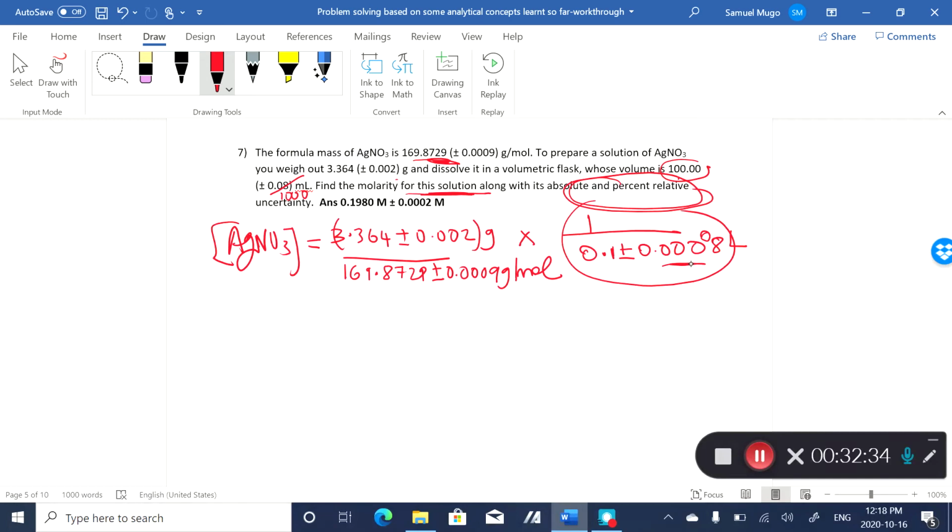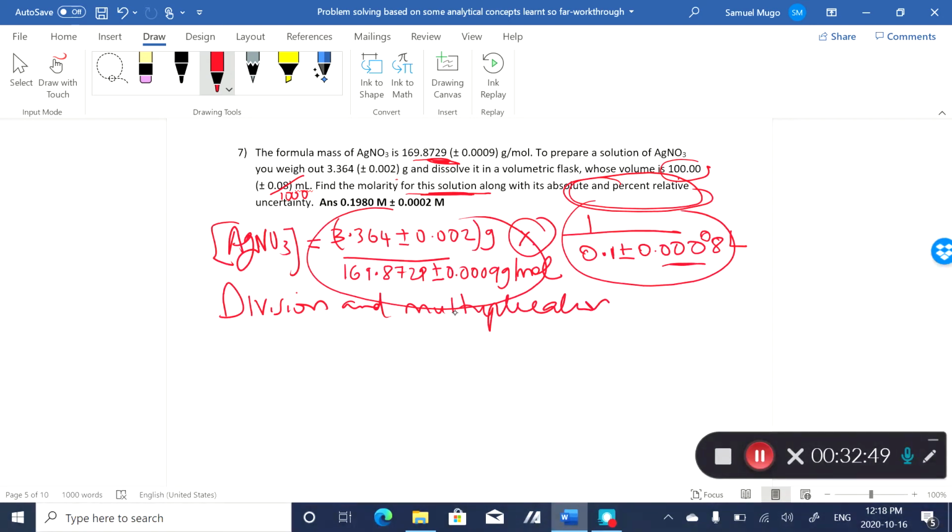And so you can see my manipulation here involves division and multiplication, okay? And because of that, I should be using relative uncertainty. Remember that's what we said.